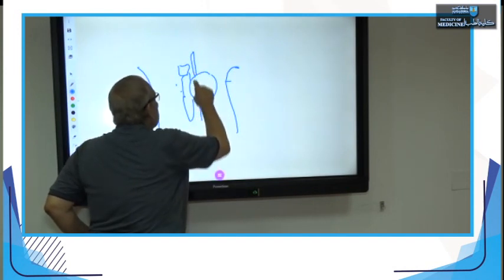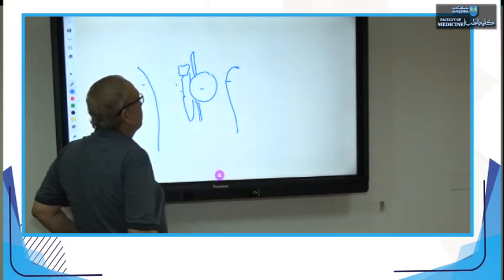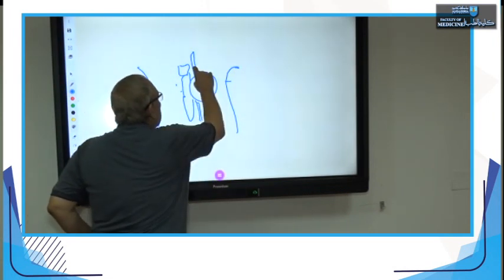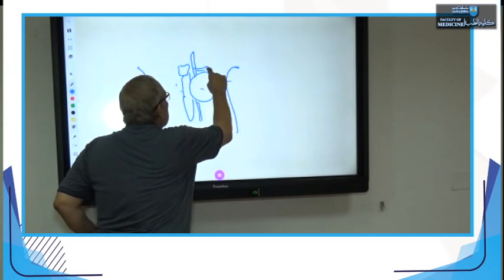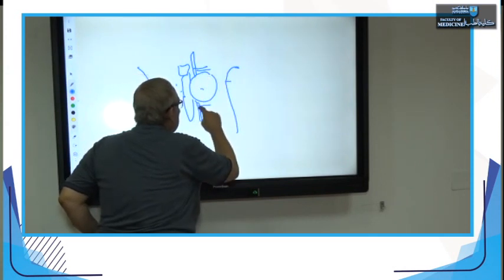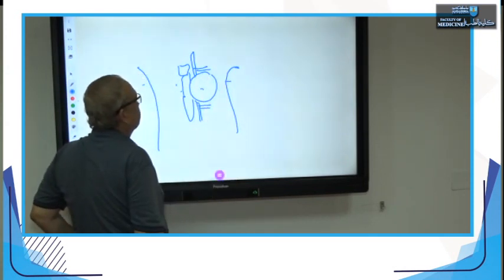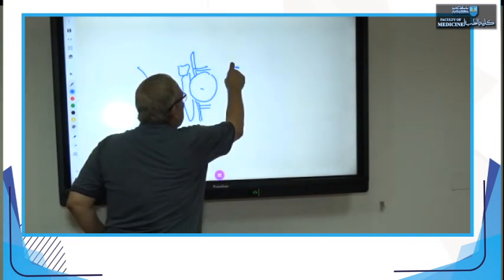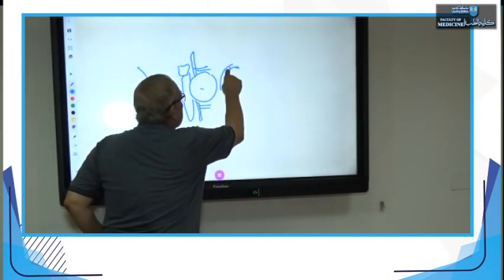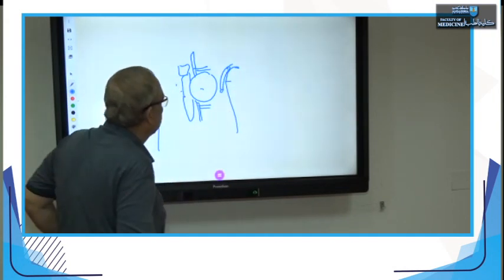This is the internal thoracic artery, and from the internal thoracic artery come out the anterior intercostal arteries. And as we agreed, in the axilla, there is the axillary artery.